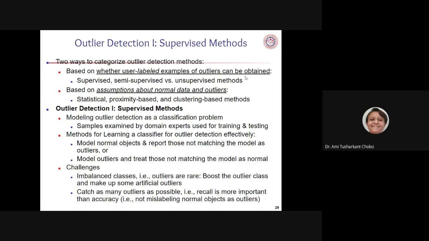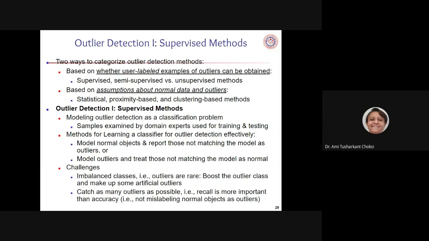The first is based on supervised, semi-supervised or unsupervised methods, and the second is typically based on clustering-based methods. Now, outlier detection, first, supervised methods.